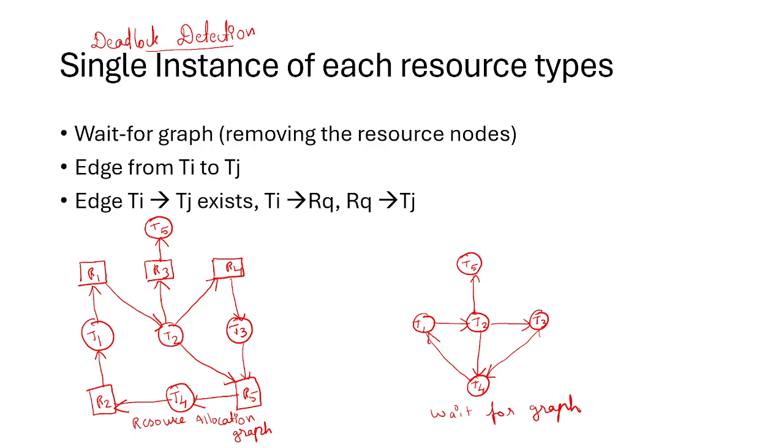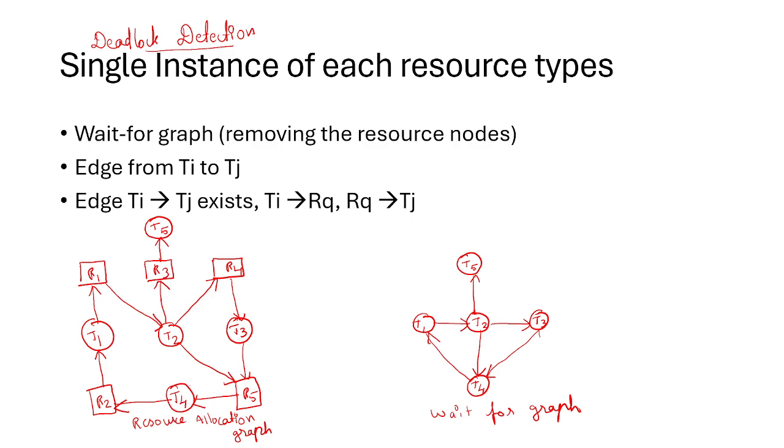Consider the edge from Ti to Tj in a wait-for graph. It implies that thread Ti is waiting for thread Tj to release a resource that Ti needs.